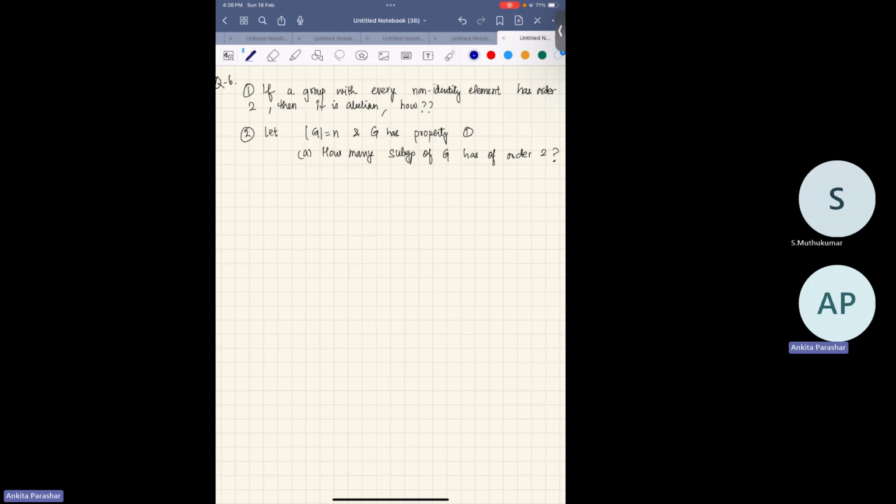Do you have any idea how to see this? Every element other than identity is of order 2.